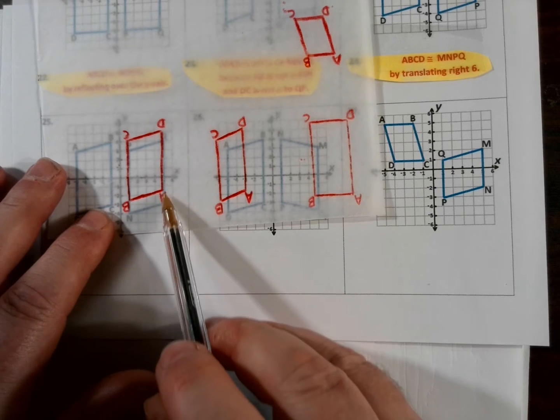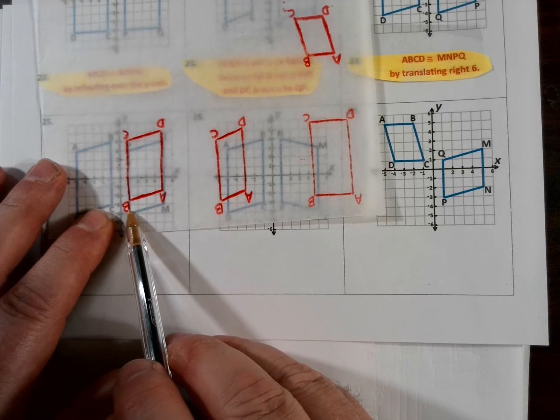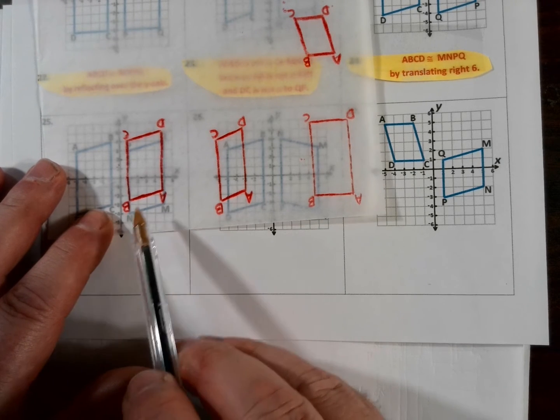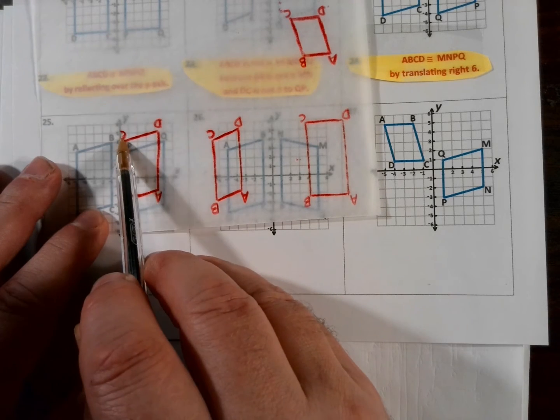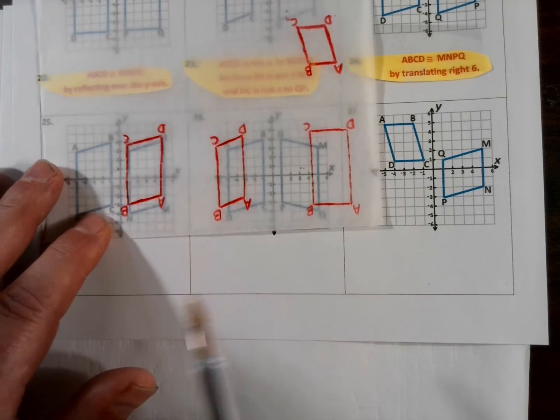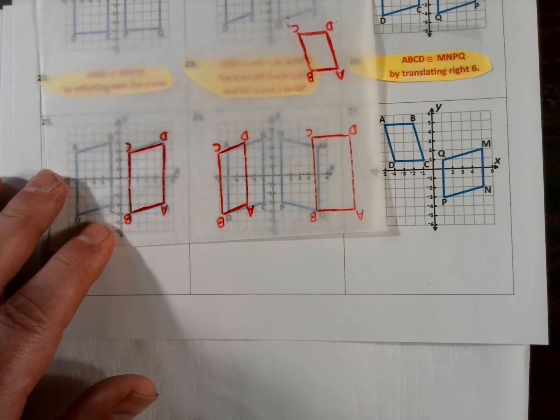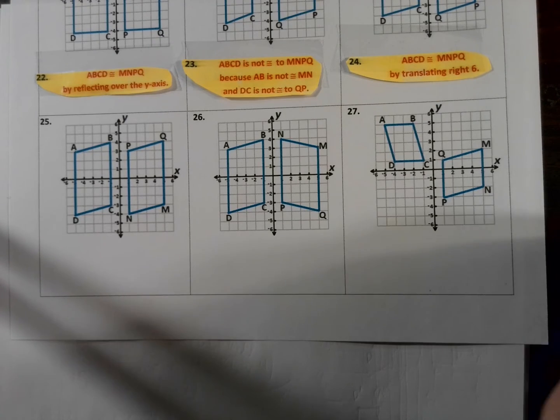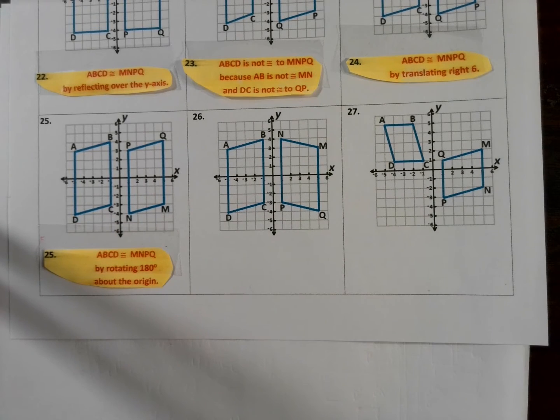So A matches up with M, B matches up with N, P matches up with C, and Q is matching up with D. So the quadrilaterals are congruent by rotating 180 degrees about the origin.